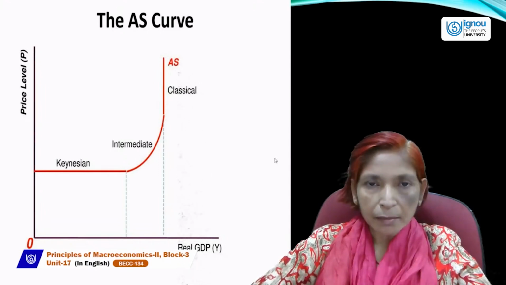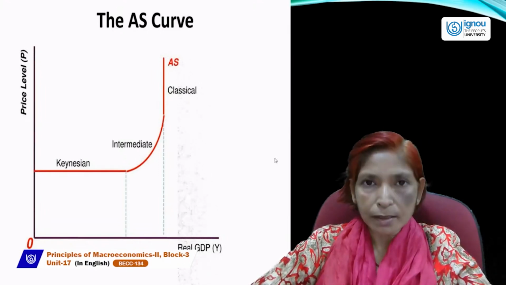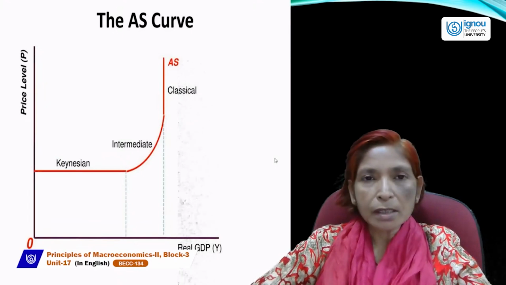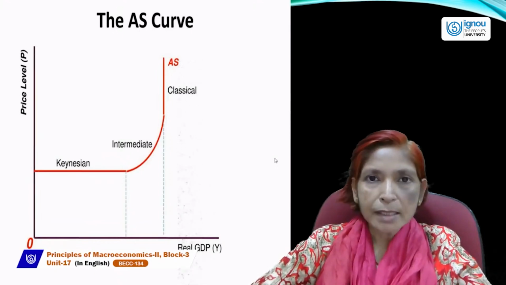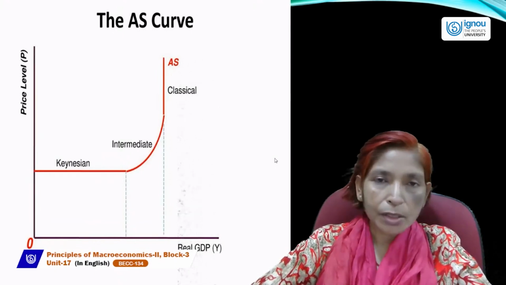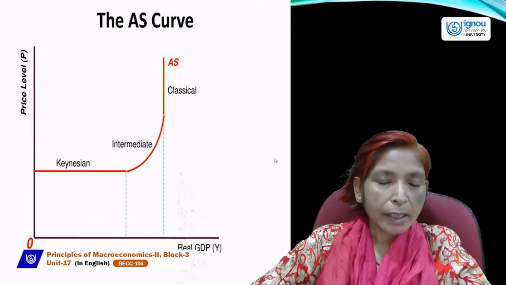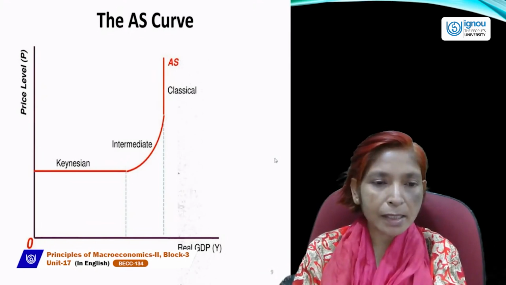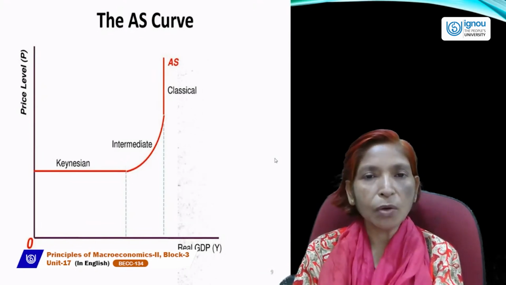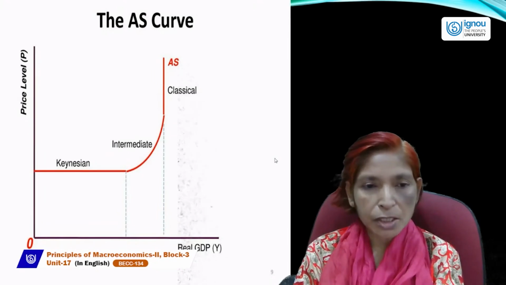In this diagram, aggregate supply has three ranges. The first stage is the Keynesian range, in which the aggregate supply curve is horizontal, parallel to the x-axis. In the second stage, when the aggregate supply curve starts increasing, this is known as the intermediate range.